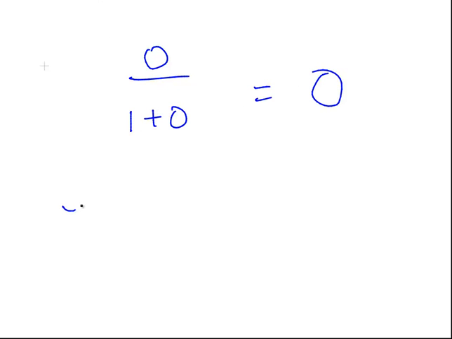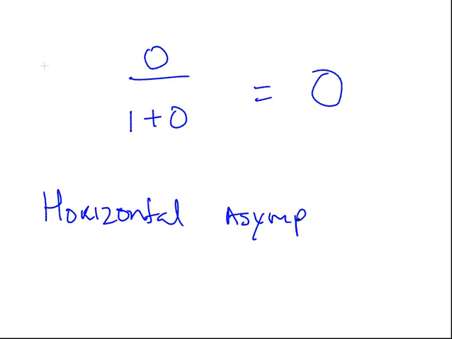So the horizontal asymptote is 0. It makes sense in a way, because if there's less and less concentration of this drug in your blood, after a while it has to go out of your system.